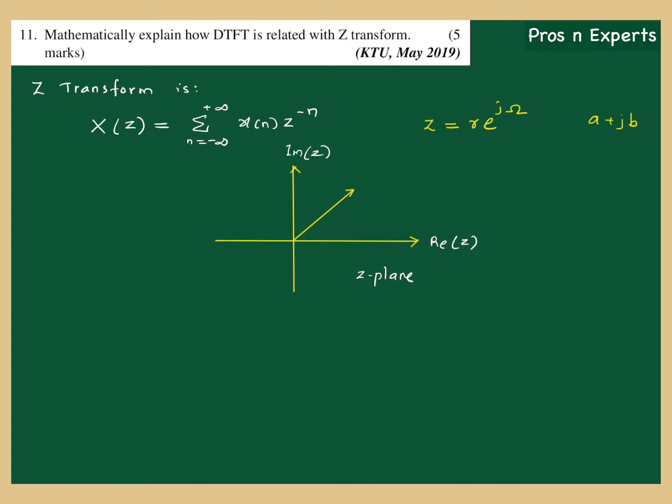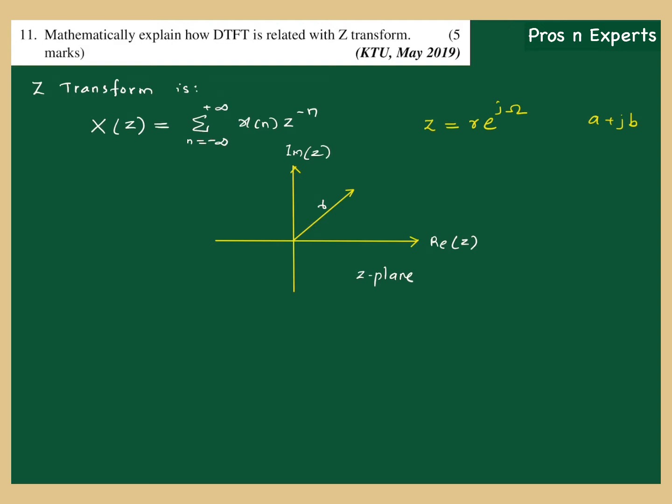This vector represents a complex number. What will be the length of this complex number? If z is this complex number, then the length is the same as the magnitude, that is r. R is the length of the vector or magnitude of the vector.